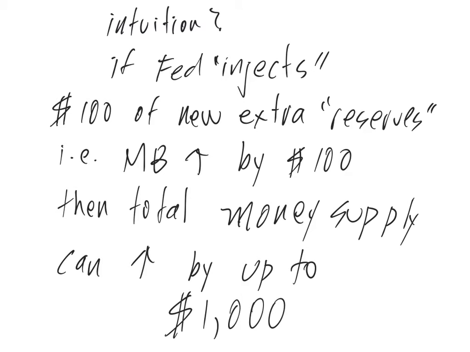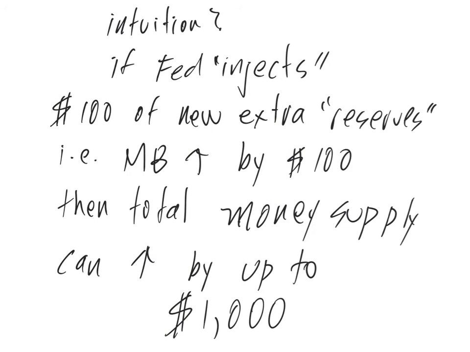So this is the idea of an increase in the monetary base supports a multiplicative times bigger increase in the ultimate level of the money supply. And the degree to which that $100 can be multiplied depends on the size of RD, the amount of reserves a bank has to keep.